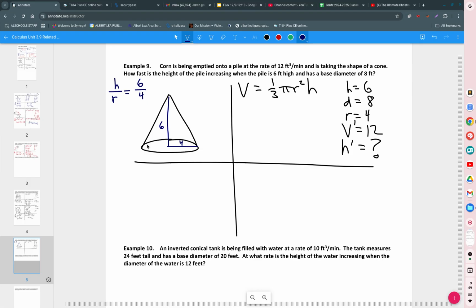That's important because if we were to take this derivative right now, it would require the product rule, and the product rule would produce both r prime as well as h prime. We're trying to find h prime and we have no idea what r prime is. So we need to get rid of r altogether because we want to come up with h prime. Could we use this to get rid of r? Yeah. If I cross multiply, I have 6r is equal to 4h.